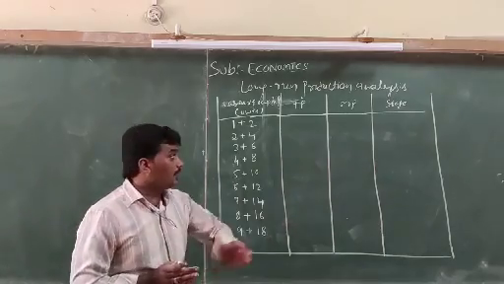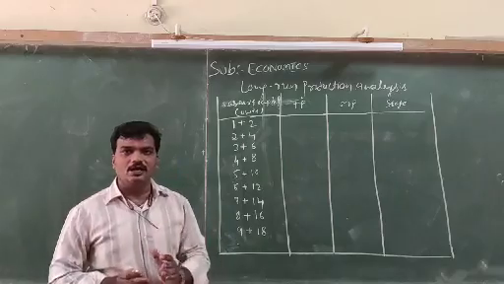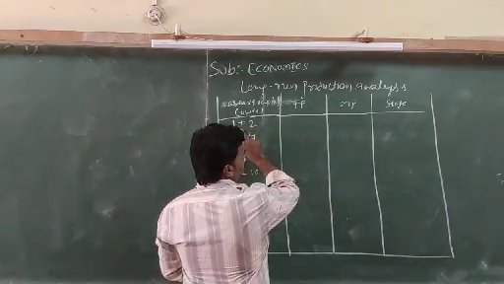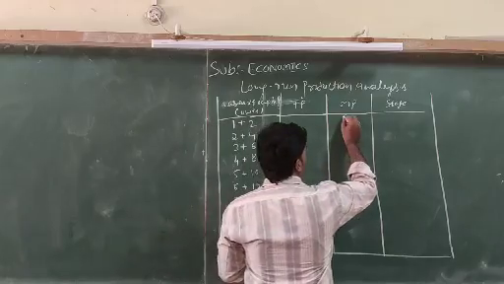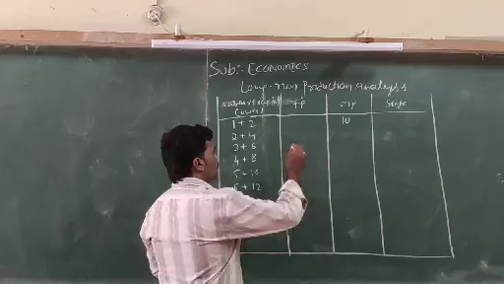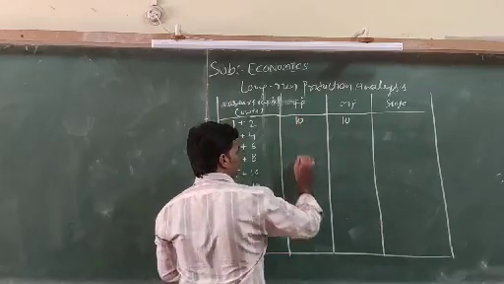I told you that in preparing the schedule, first we must write the marginal product. In the first combination, 1 unit of labor and 2 units of capital, the marginal product is 10. The total product is also 10.